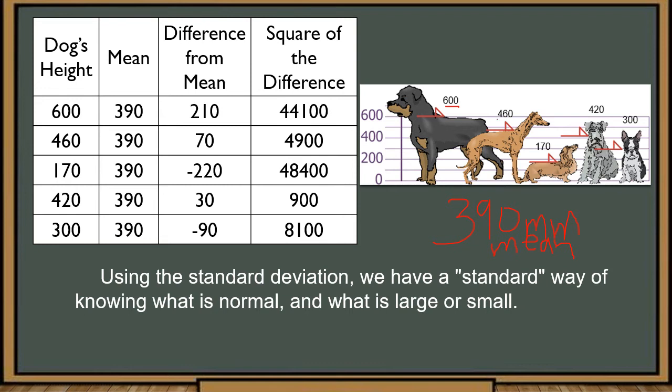We can also say that 460 is nearest to the mean. Same with 170, 420, or 300. So it's another way of telling if the heights of the dogs are too far, too large, or too small from the mean.